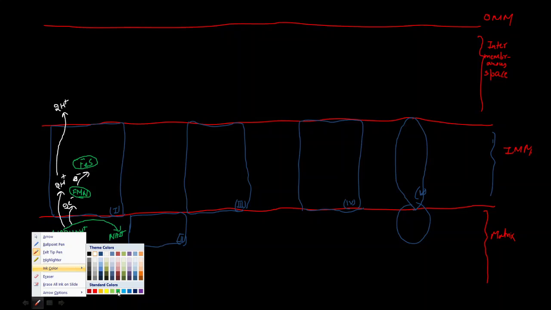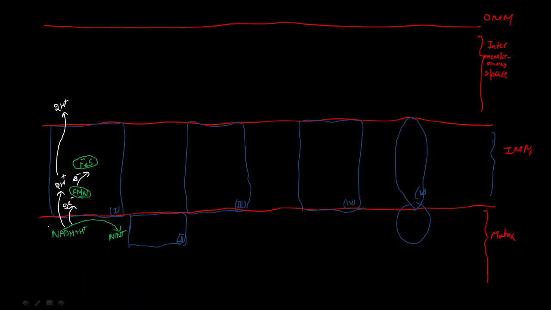So what is going to happen? This first complex, in order to neutralize that negativity, is going to pick certain protons from the matrix. So here the protons are picked up by the first complex.